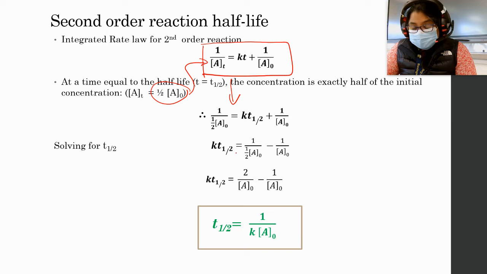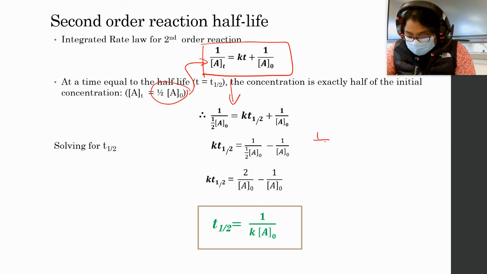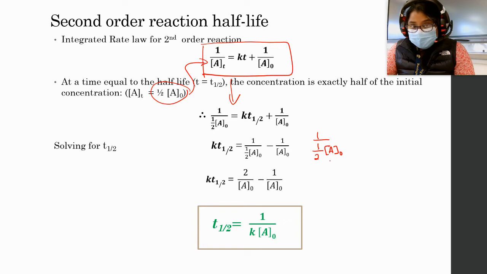So I'm trying to isolate T1/2. So I rearrange my equation. And now I have this expression on the right. So 1 over 1/2 of the concentration of A at time 0, if you divide something by a fraction, then you have to rewrite it.